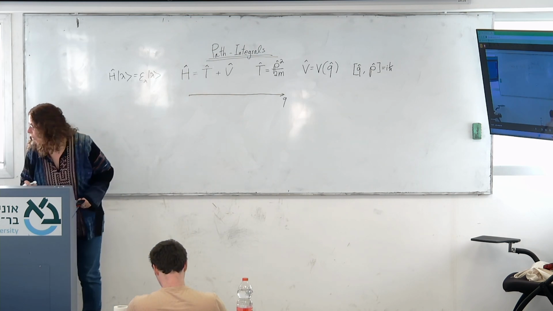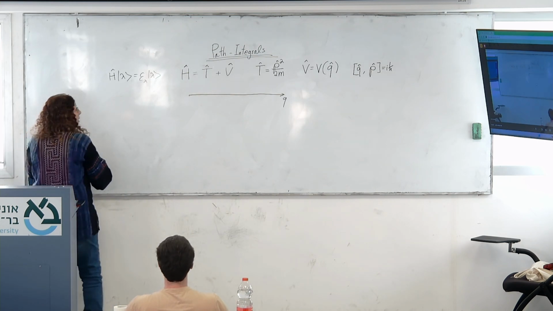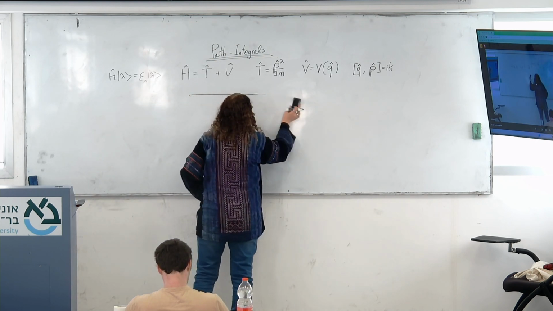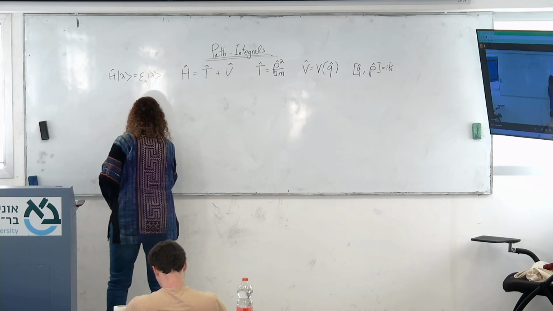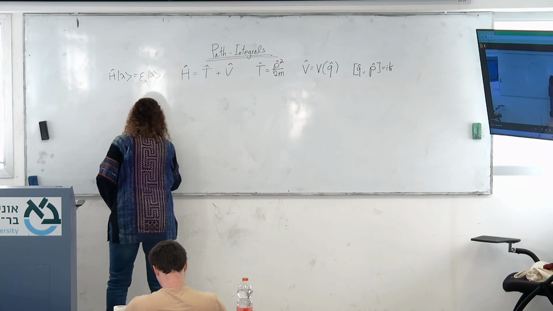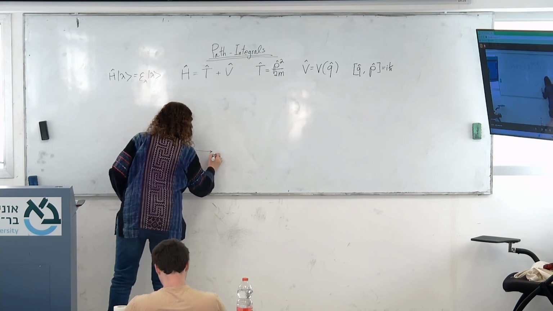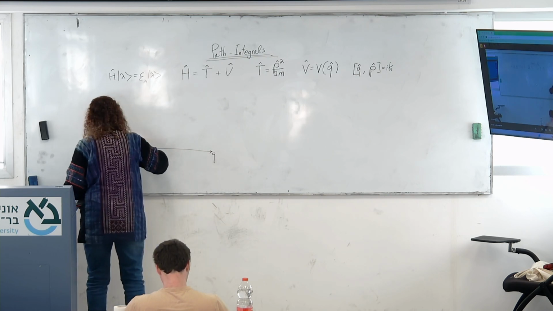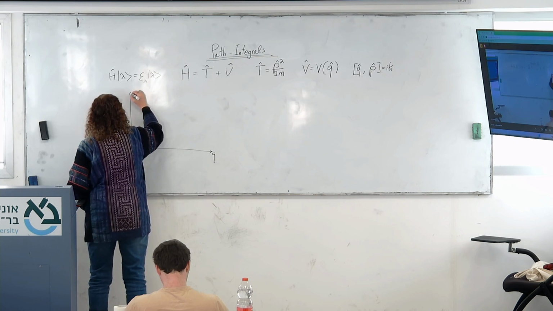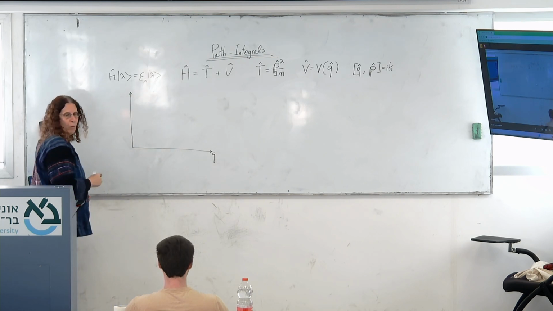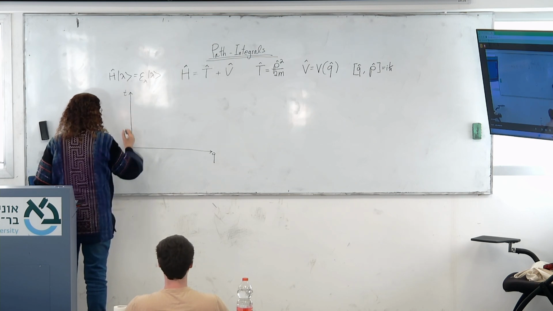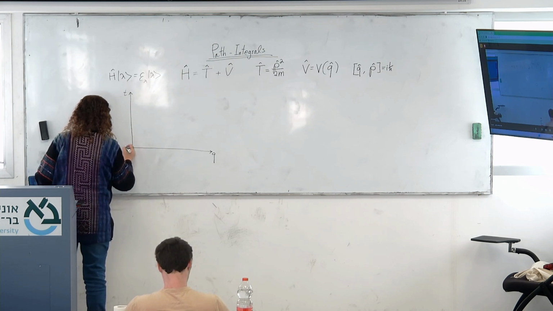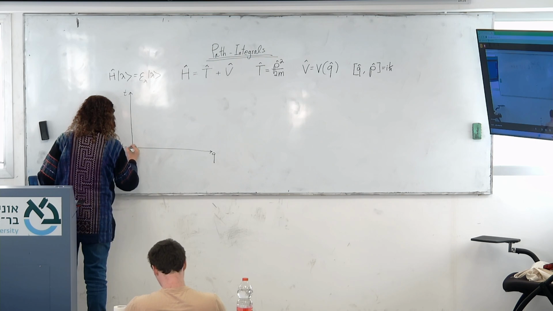Actually, let me maybe draw it the opposite way, so this will be Q, and this axis will be the time evolution. This is the time axis, and this is t equals 0.